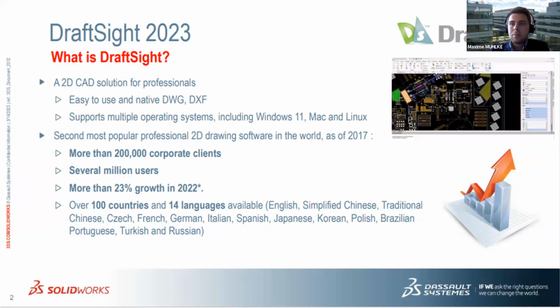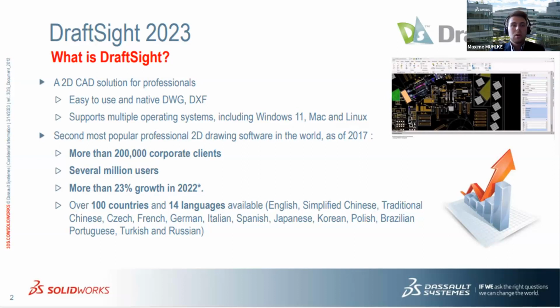With DraftSight at Dassault Systèmes, we wanted to really conceive a solution that would match the needs of our customers who are still using 2D CAD solutions. This is why with DraftSight, we really tried to give you the perfect tool to continue working pretty much exactly the same as you did with other solutions like AutoCAD. And this is why DraftSight was made on the same language as AutoCAD as well.